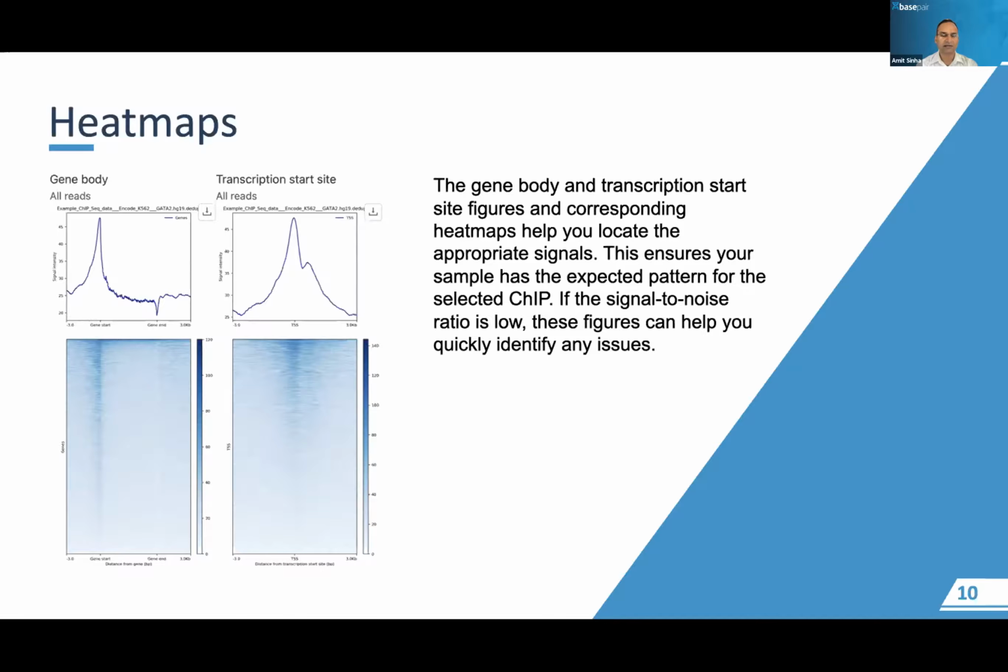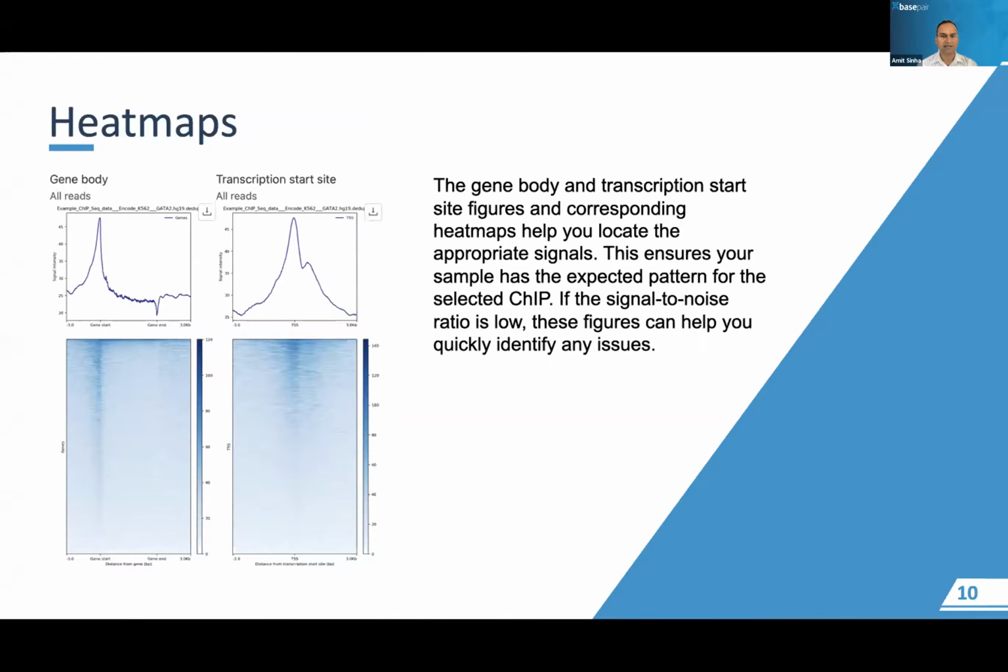And the figure on the right is zoomed into the transcription start site, looking at -3 kb to +3 kb. In the first figure, we see that in this case, this is a GATA2 example again, that the signal is very high at the gene start, and then it decreases as we move further in the gene body.